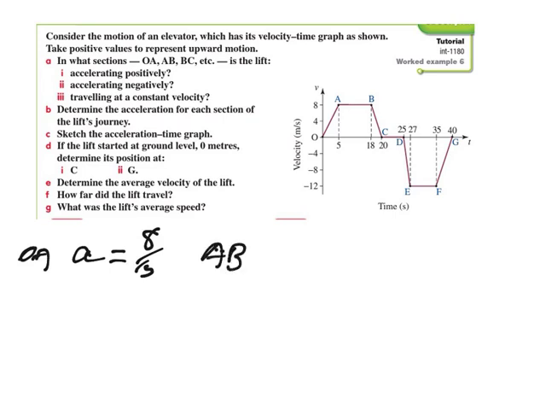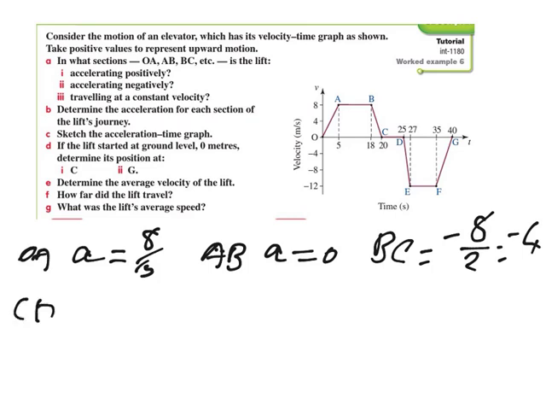AB, acceleration 0. BC, change in velocity, it's negative this time, and it goes in 2 seconds. So -4. What have we got? CD, it stops there, so acceleration 0.